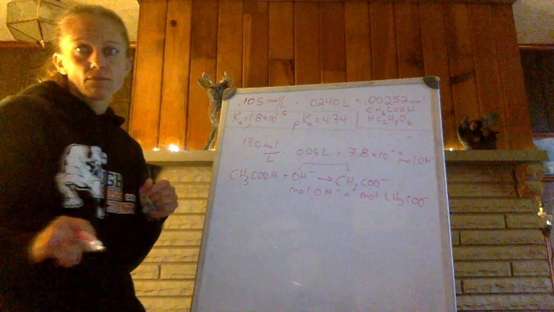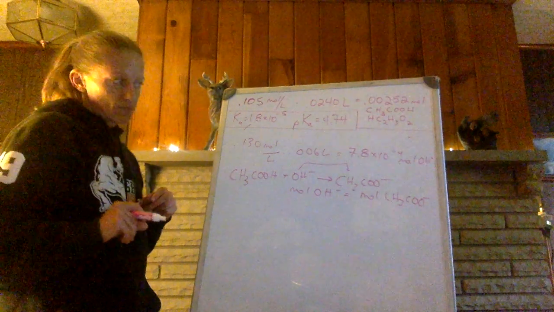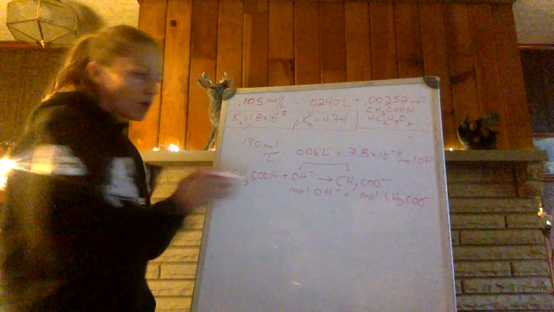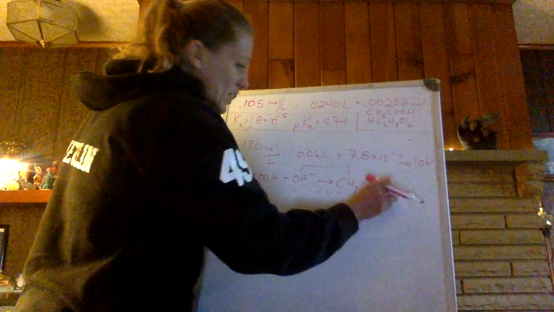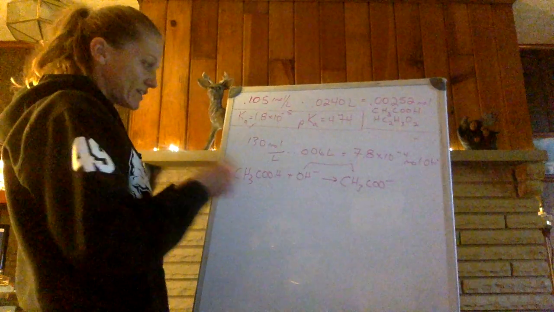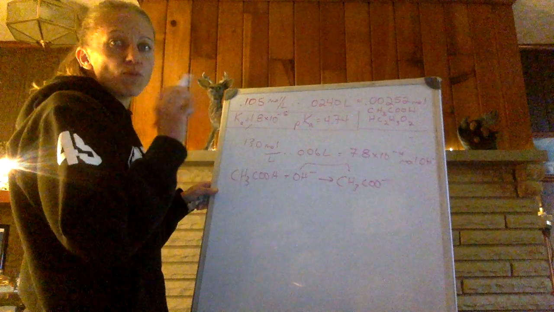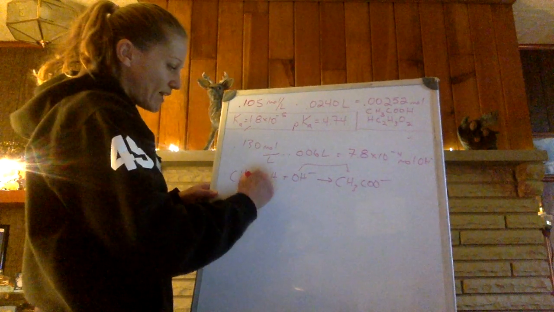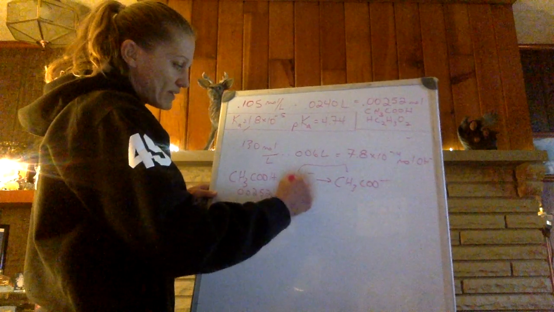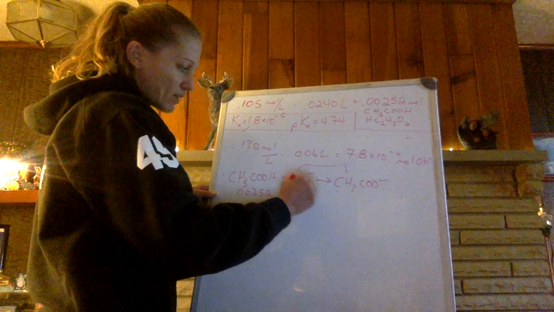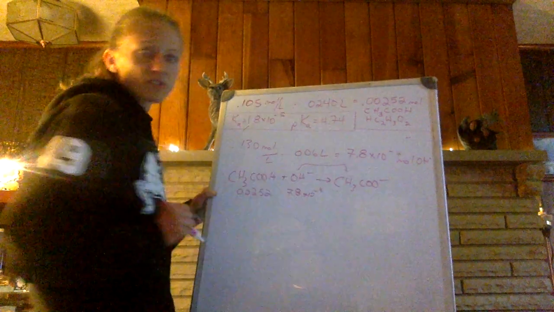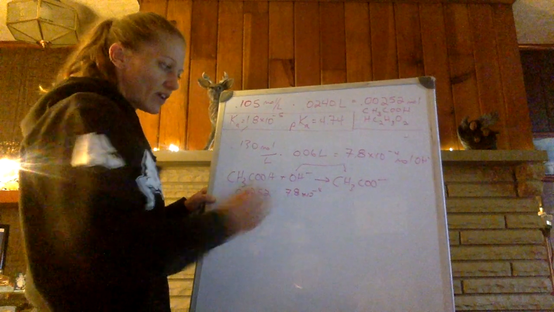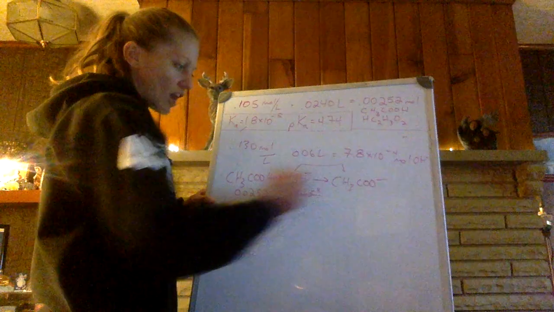Good. So what I need to do, and you can set it up as an ICE chart if you want, it's more like the ICA, the initial, change, and concentration after kind of thing. I started off here, use moles, I started off here with 0.00252 moles. I put in 7.8 times 10 to the negative fourth moles there. Okay, cool. What's going to happen here is that this is going to be used up.